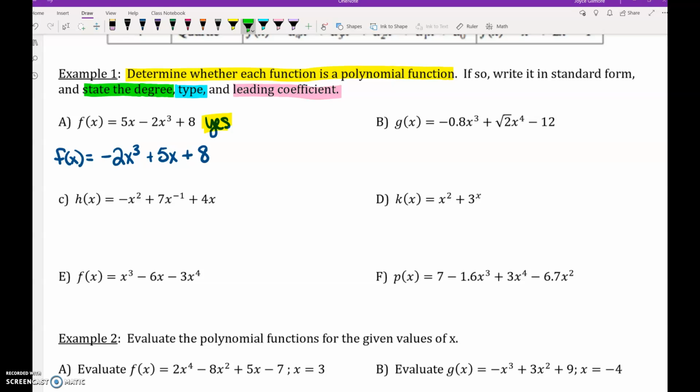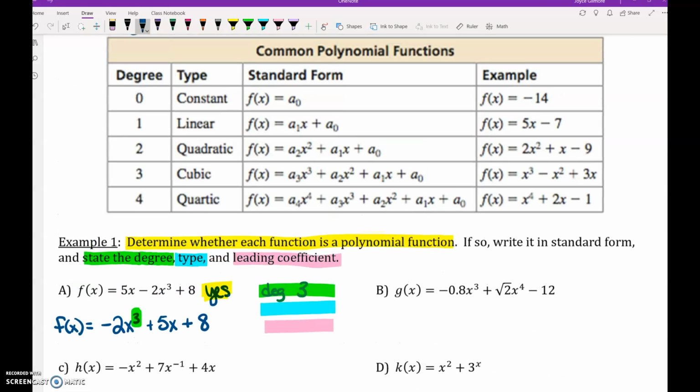We are looking for the degree, the type, and the leading coefficient. The degree is the largest exponent. So what is the largest exponent here? 3. For the type, if you go back up to this chart, the type is linked to the degree.